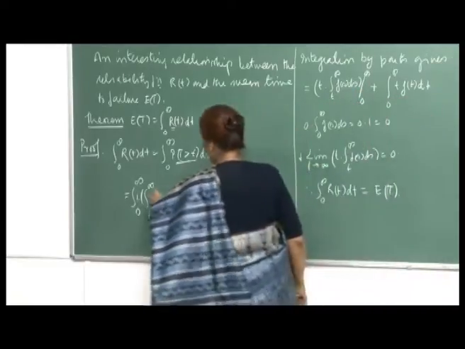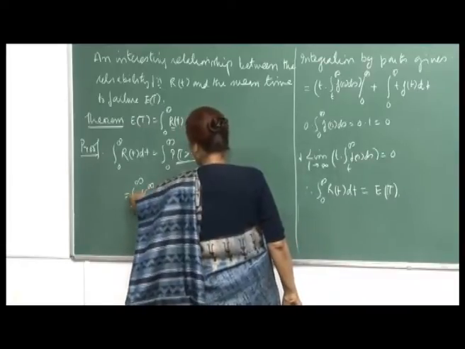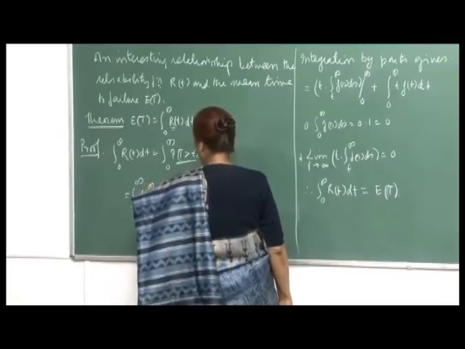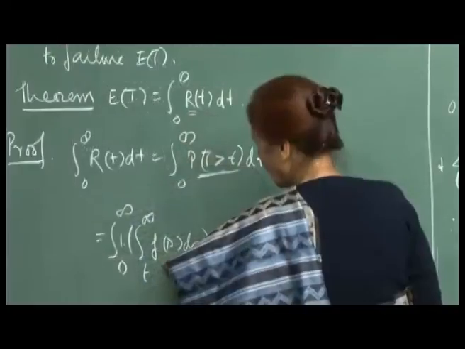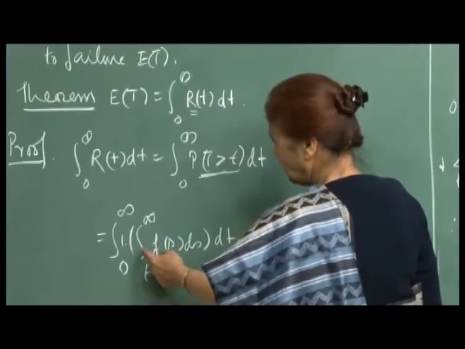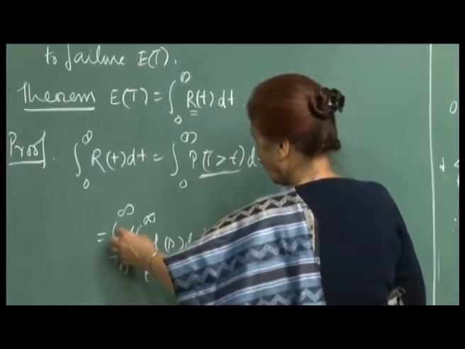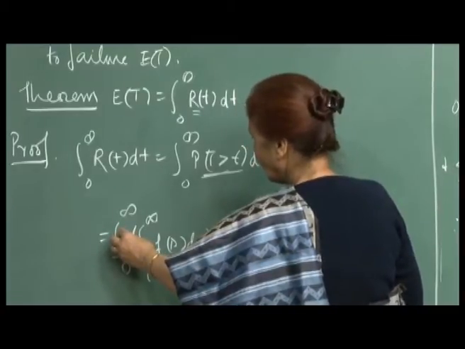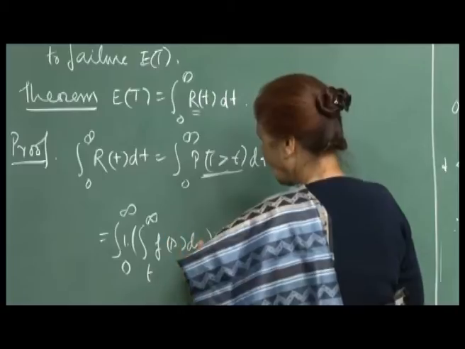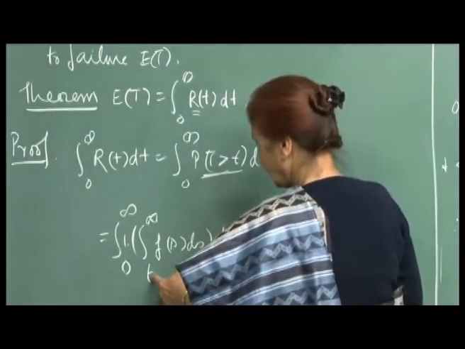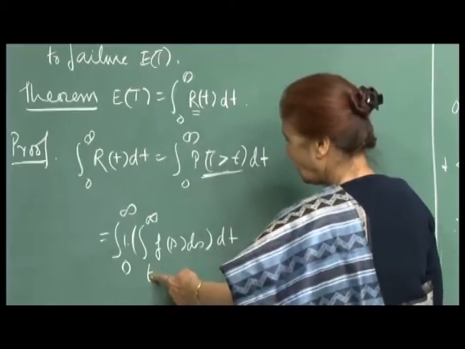Because when you differentiate this, the lower limit is a function of t.